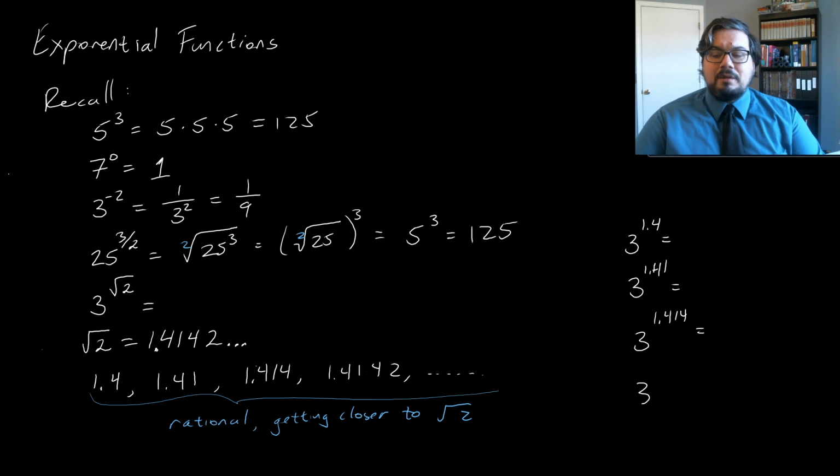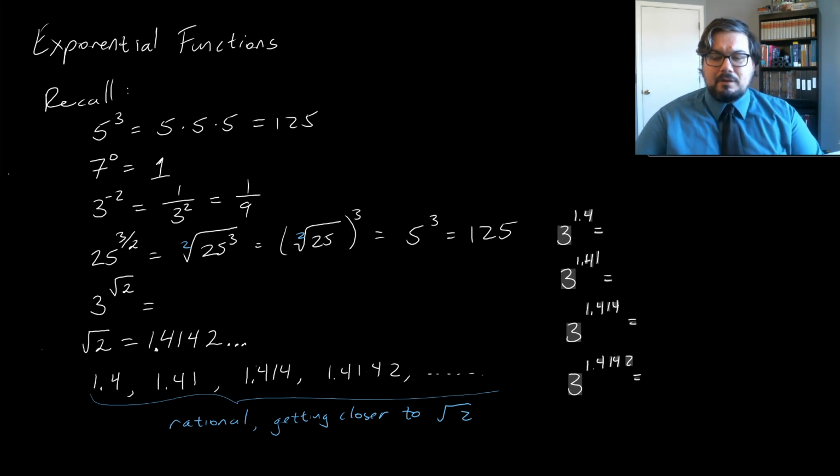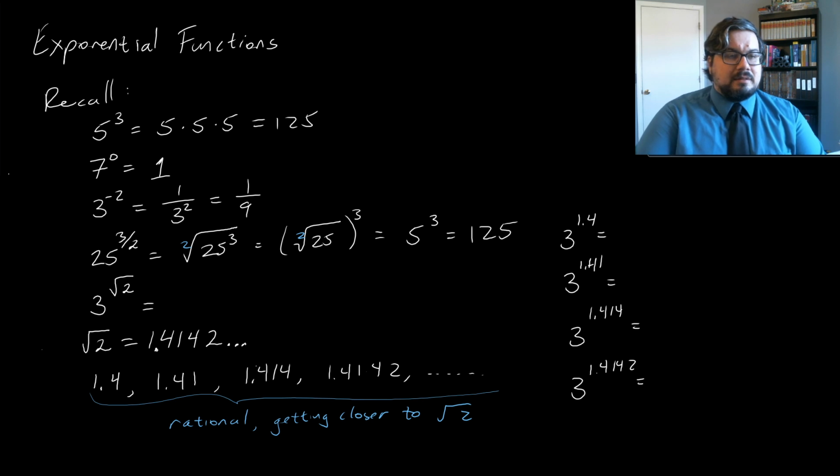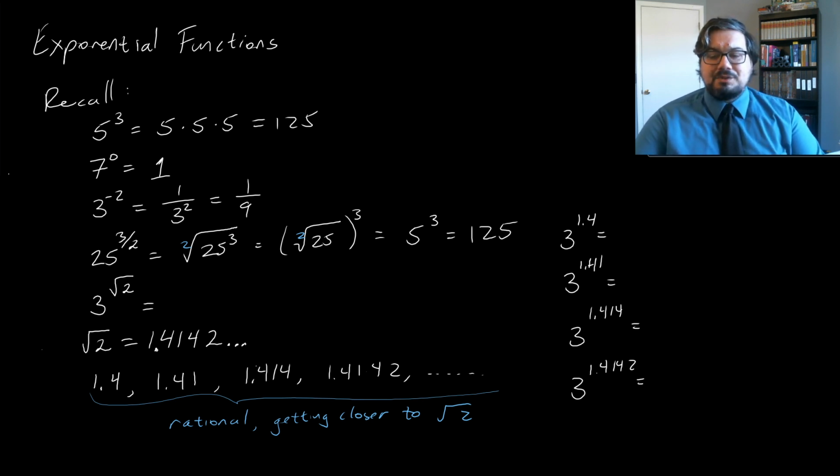And all of these expressions can be computed using the rules on the left side of the screen, because 1.4 is a rational number. 1.4 is the same as 14 over 10, which means that 3 to the 14 over 10 is the same as the 10th root of 3 to the 14th.